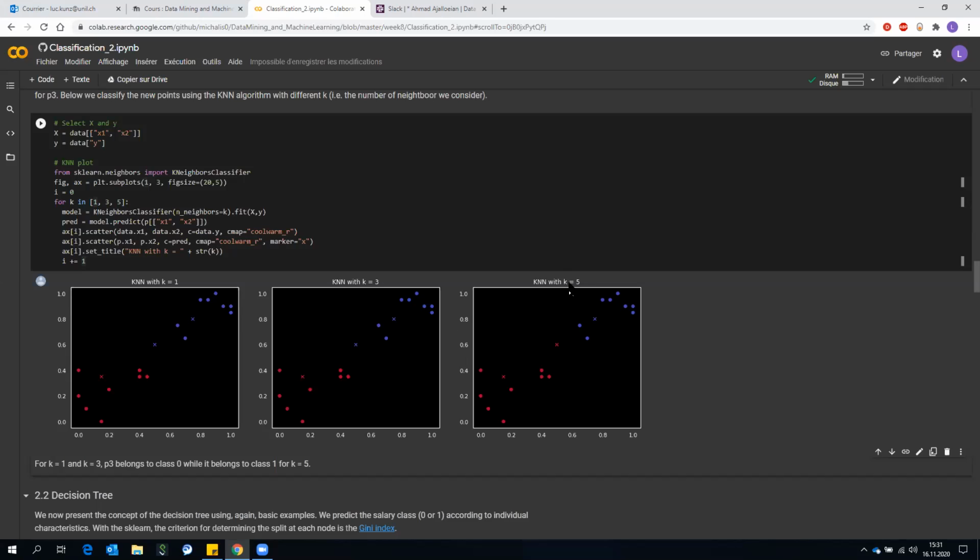But if we choose k equal 5, we can see that the point turns red. So the algorithm classifies the point in class 0, the red class, because it took basically the 5 instances here and let them vote, and 3 versus 2 is then red. So the 3 wins. Okay, that's it. This shows a bit how it works, and that sometimes with different k you can obtain different results.